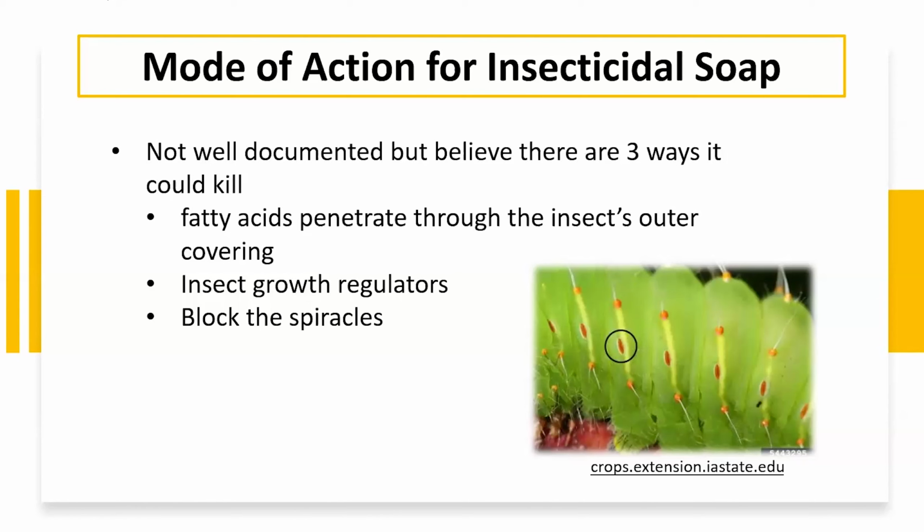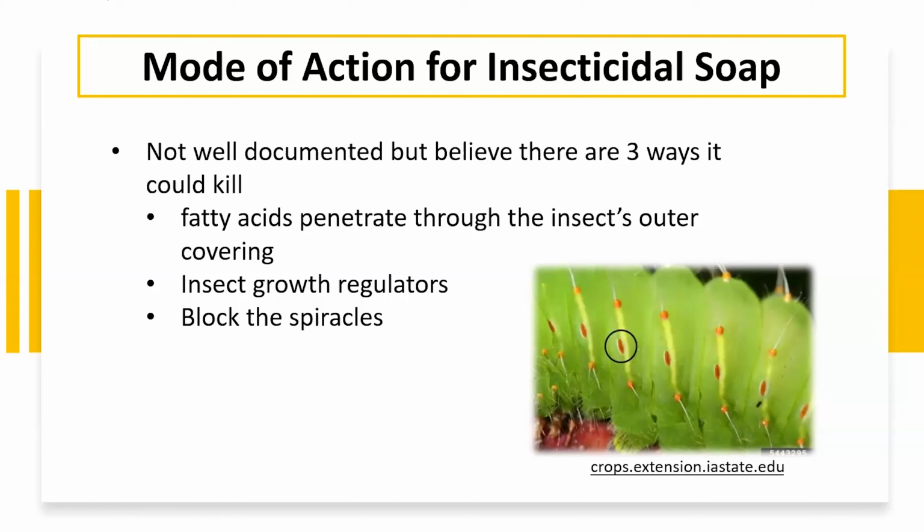Those fatty acids penetrate through the insect's outer covering, the shell or cuticle. It disrupts those cells, could burst those cells, making them open to the air and the environment, potentially drying out the insect so that it dehydrates.